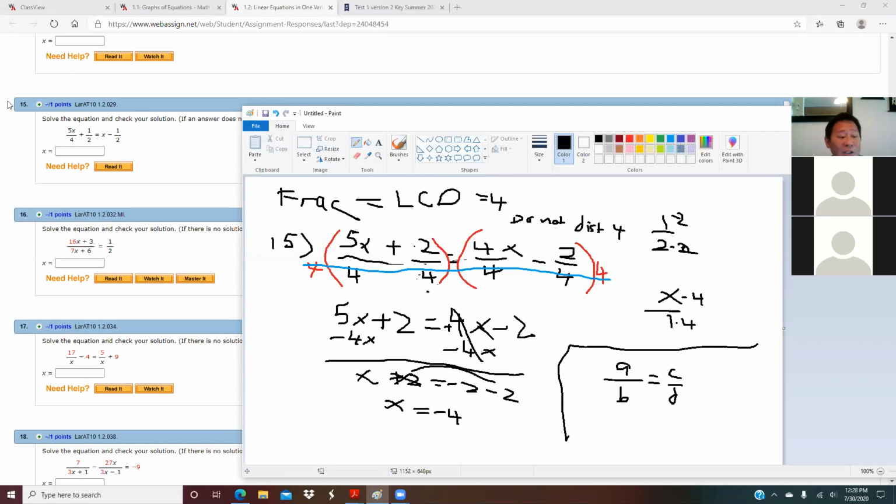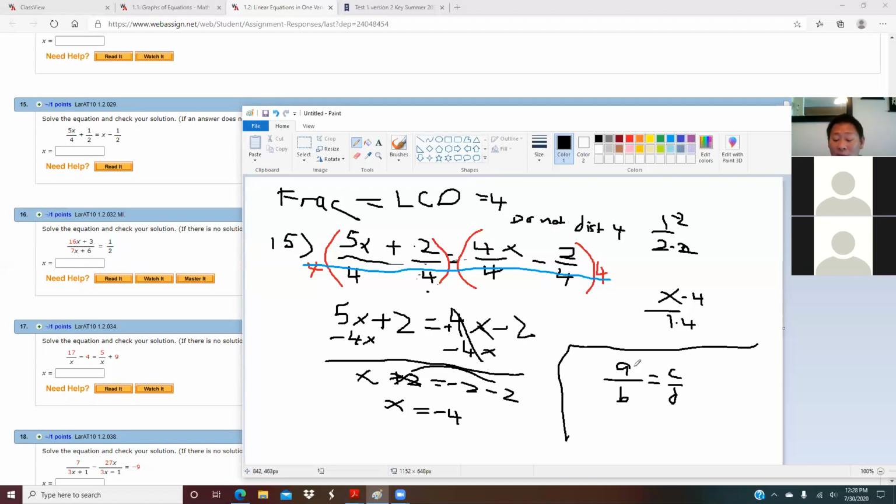Question 15 is not a proportion. Why is question 15 not a proportion? Because it is not written down as a fraction equals a fraction. This one is fraction plus fraction equals something plus or minus a fraction. This one is a proportion because it's a fraction equals a fraction.